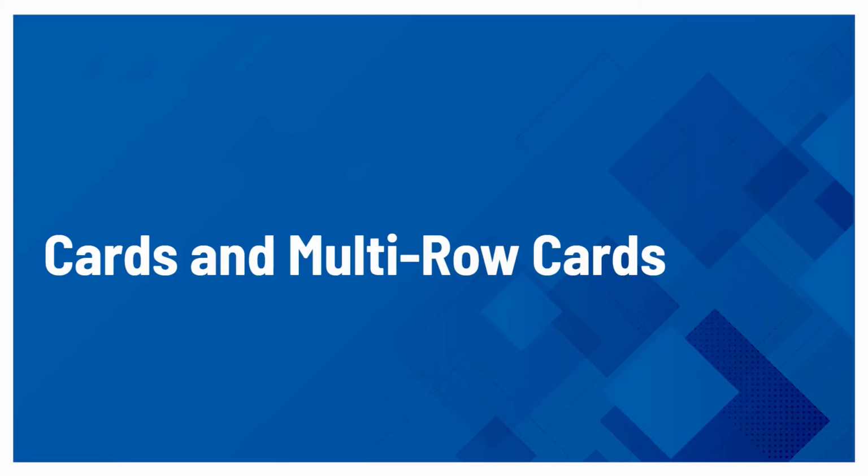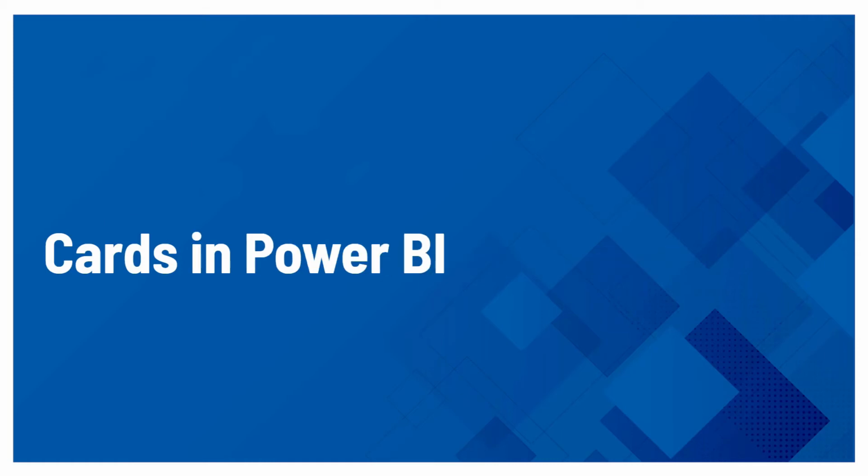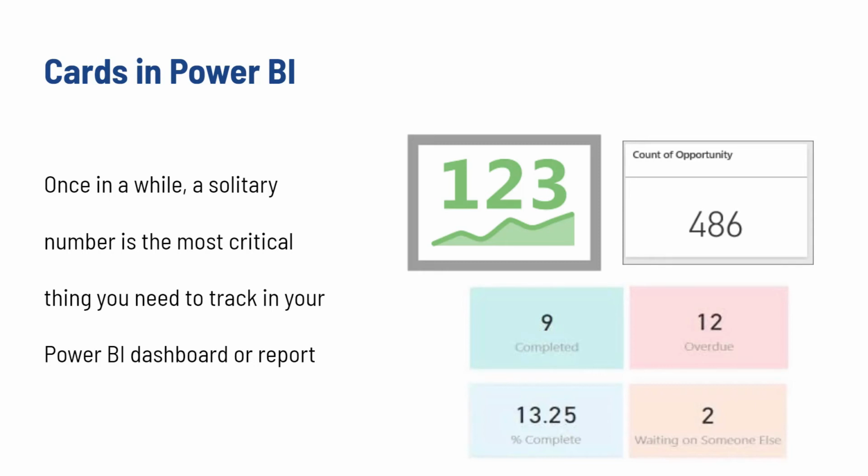Cards and multi-row cards are a vital part of data visualization. We are going to see what their purpose is and how to use them. Let's discuss a single card first. Sometimes a single number is the most important thing you want to track in your Power BI dashboard or report, such as total sales, market share year over year, or total opportunities.